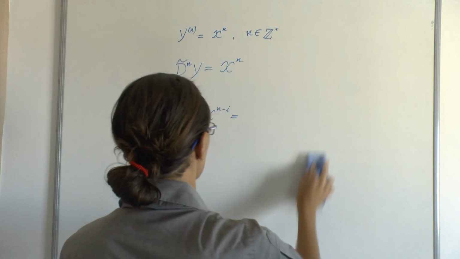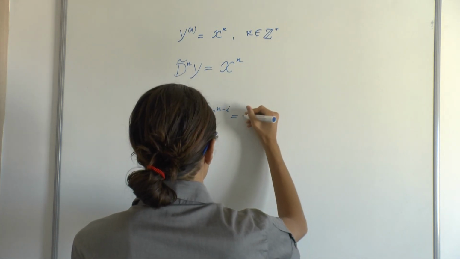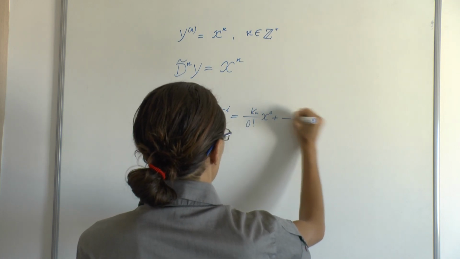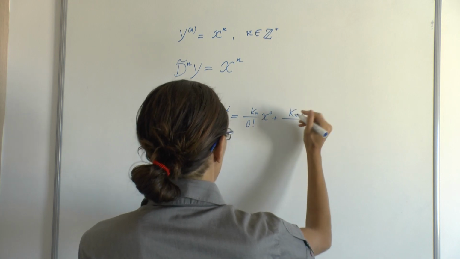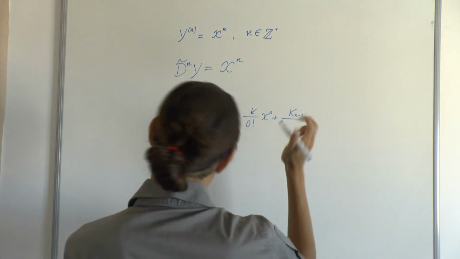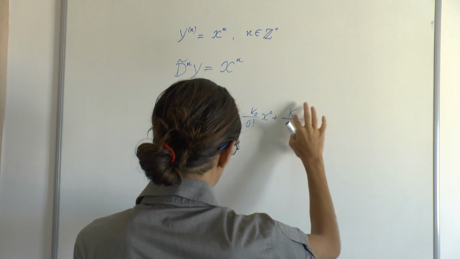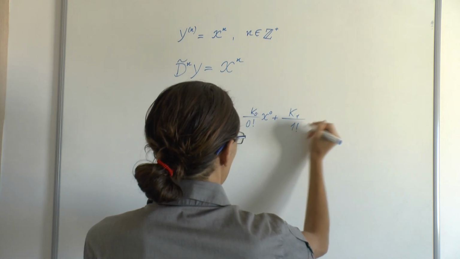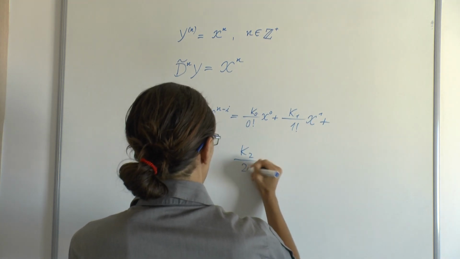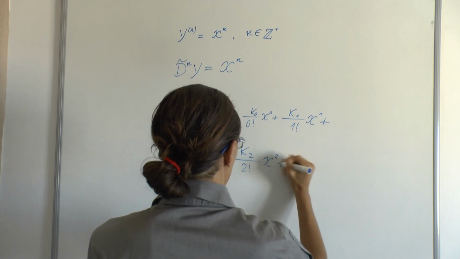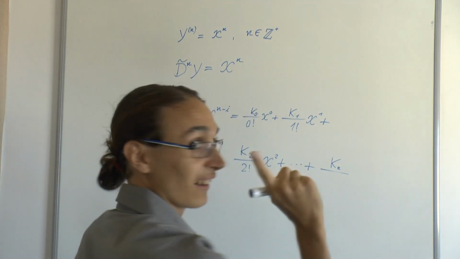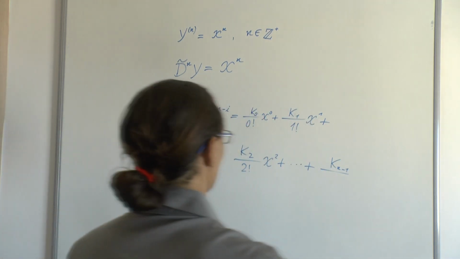So if we start like that, with k0 over 0 factorial, x to the 0, plus k1 over 1 factorial x to the 1, plus k2 over 2 factorial x squared, and so on until k_(n minus 1) over (n minus 1) factorial x to the n minus 1.